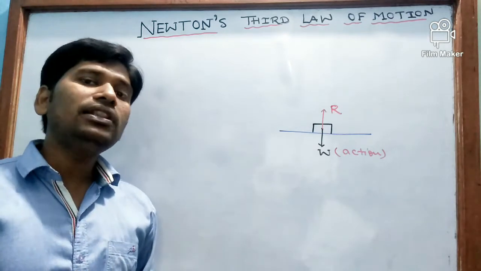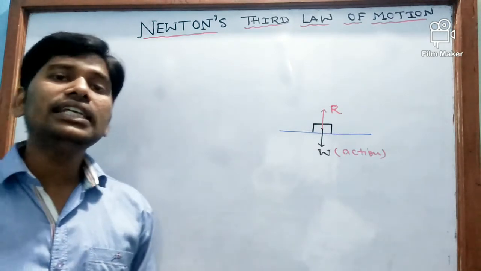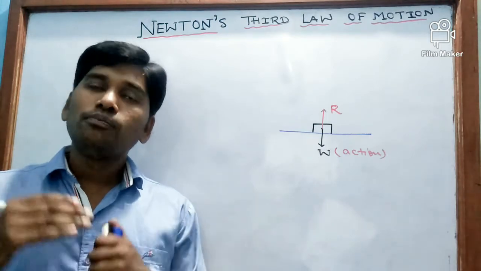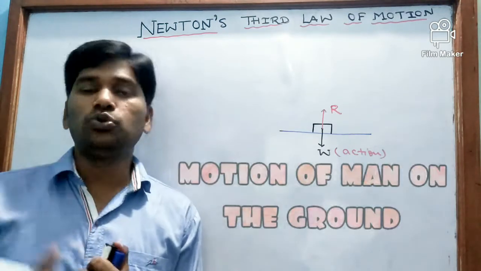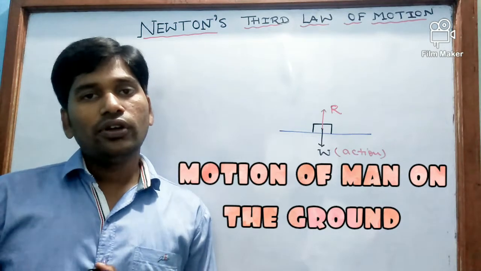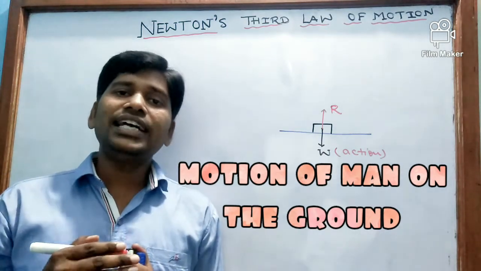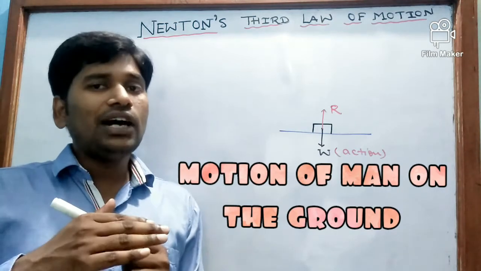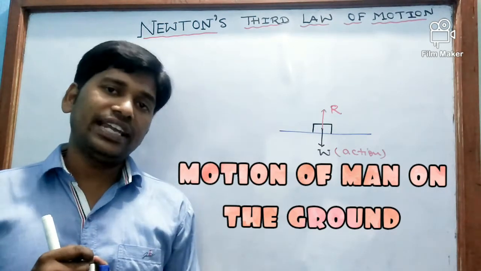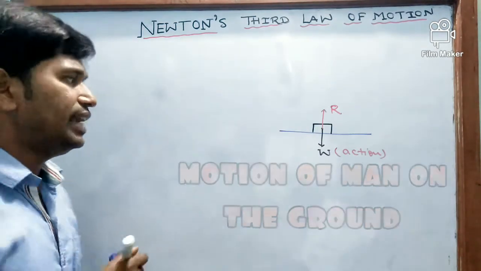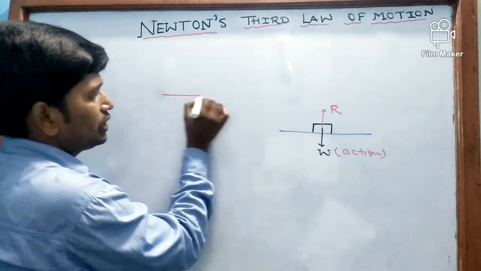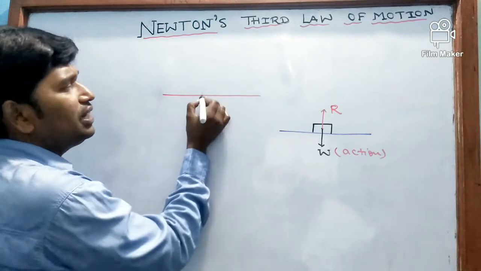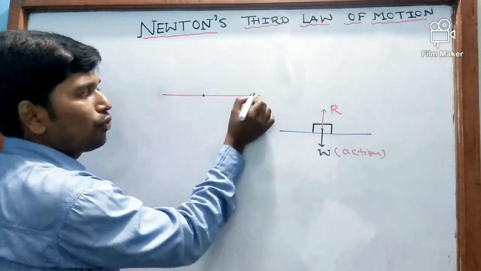The next example we can see is the motion of a man on the ground. When a man tries to move forward, he pushes the ground in the backward direction. Let us see how. Suppose a horizontal surface and a man tries to move forward.